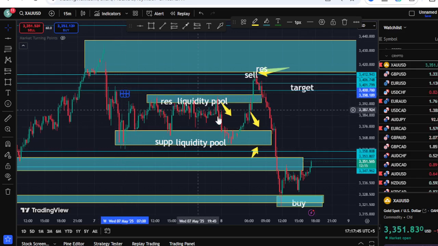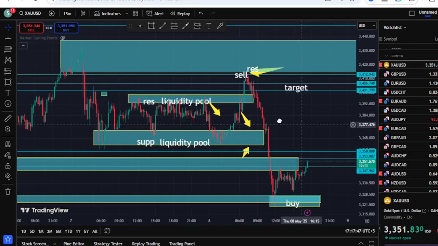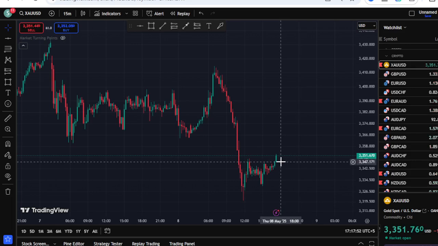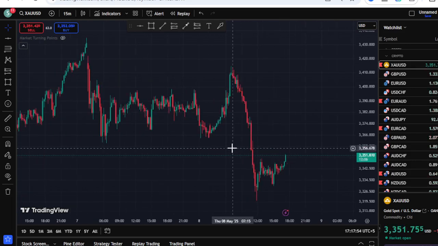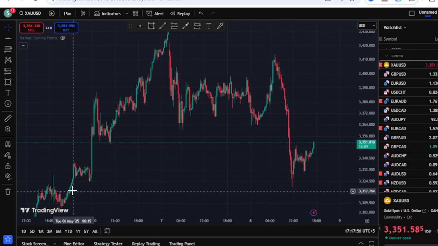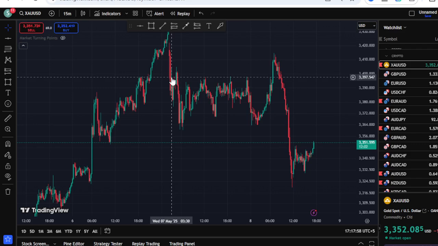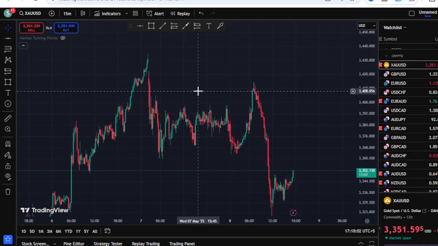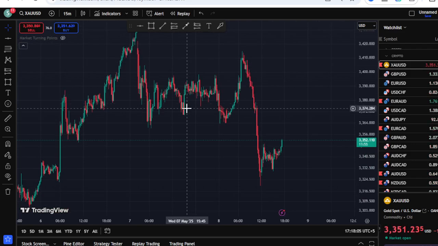Your market structure has nothing to do with your trends. You need to understand that the market making higher highs and higher lows doesn't mean that every time it's going to make higher highs and higher lows. It definitely comes to hit the liquidity.